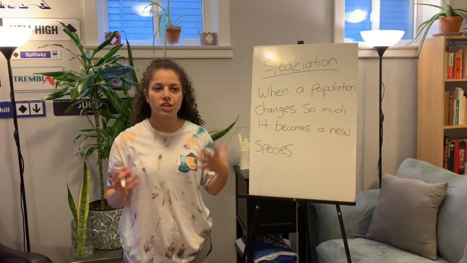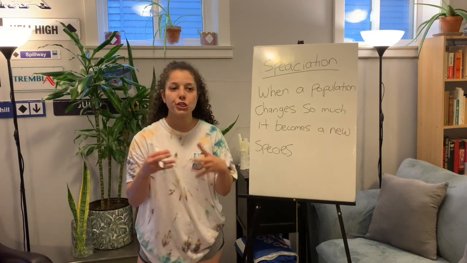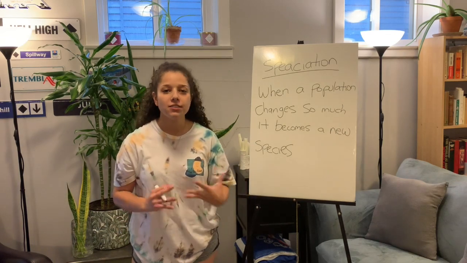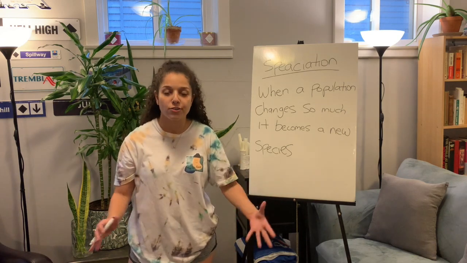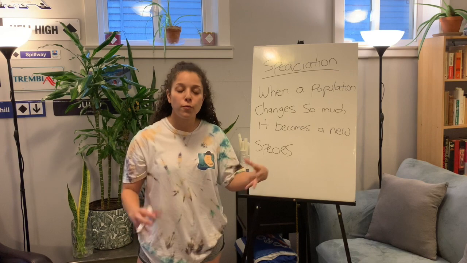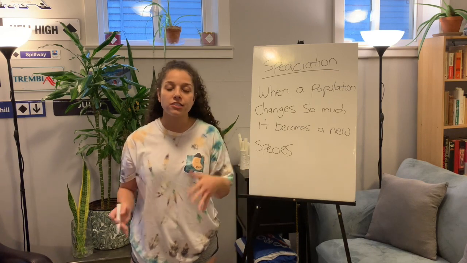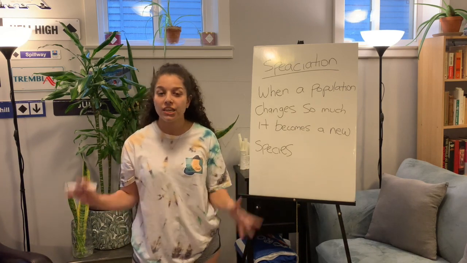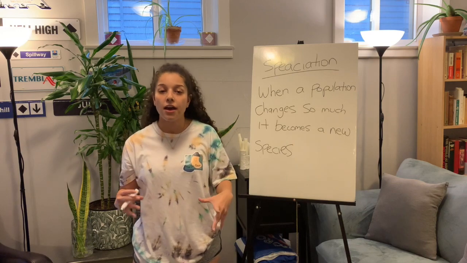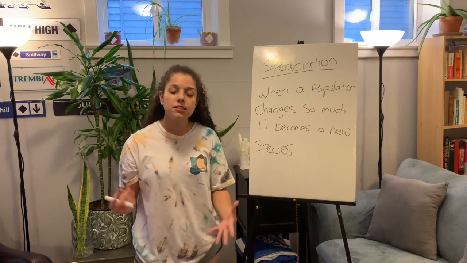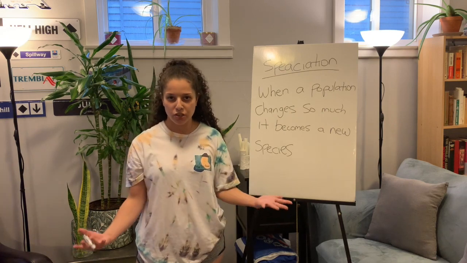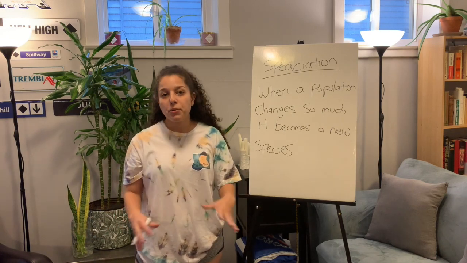So speciation is when a population has changed so much that it is now considered a different species. So this happens as a consequence of gradualism. So slowly over time, different characteristics evolve in a particular population living in a particular area. And eventually it accumulates enough changes and enough differences that we now consider it a different species. So that happened with humans.